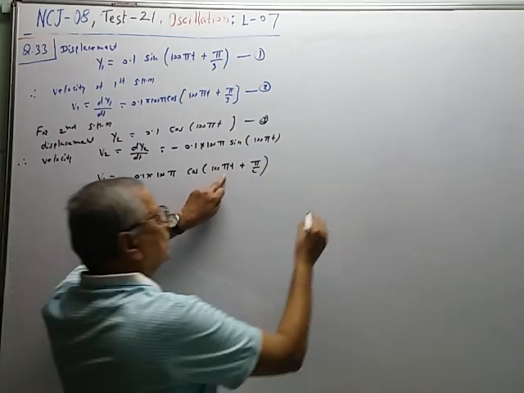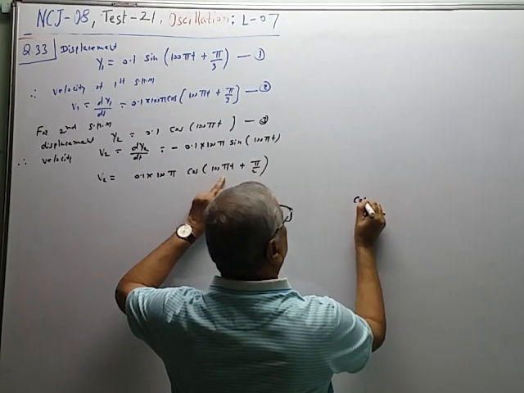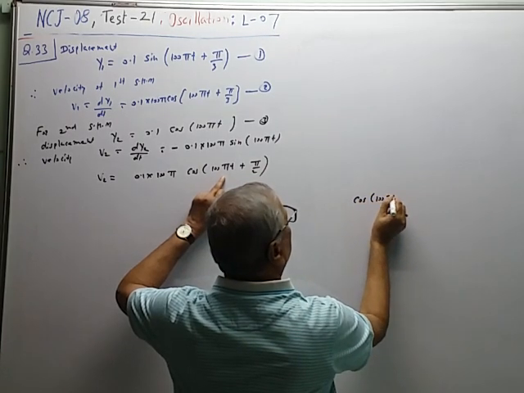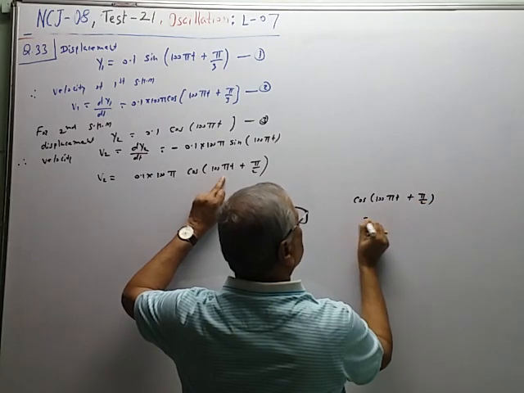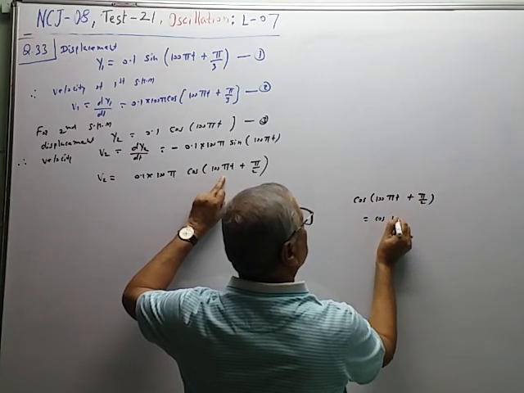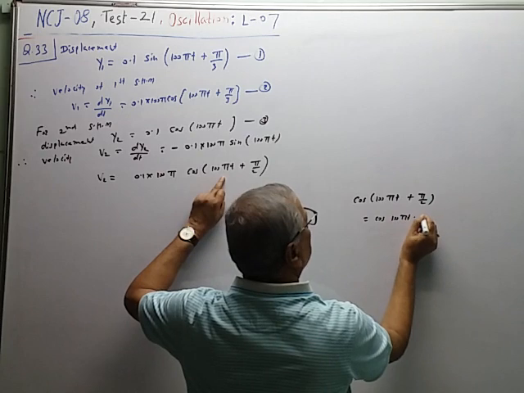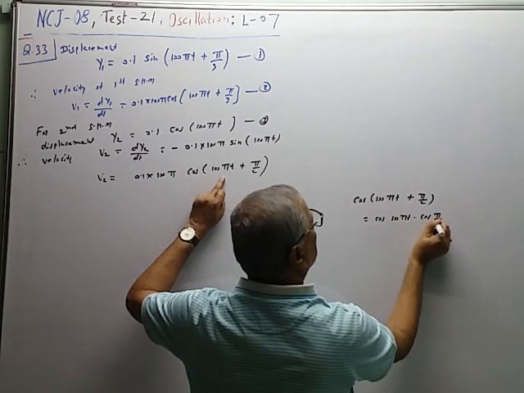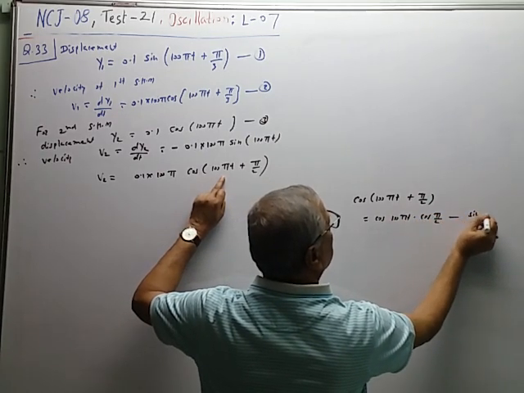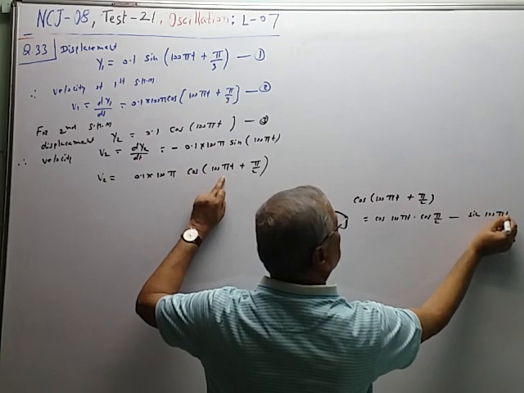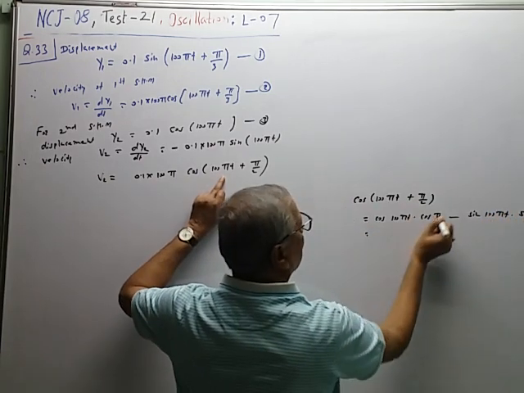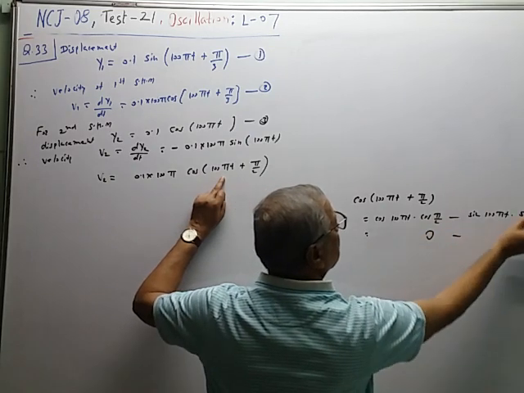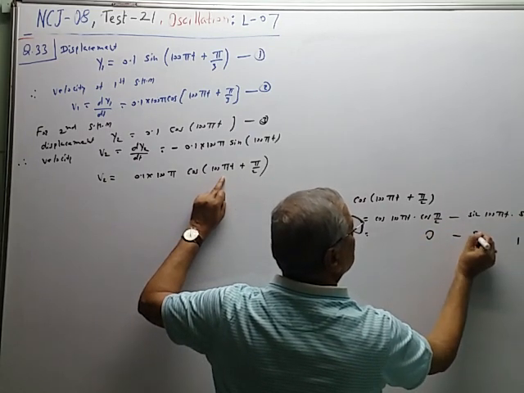So check this value. Cos of (100 pi t plus pi by 2) is equal to cos of 100 pi t into cos of pi by 2 minus sin of 100 pi t into sin of pi by 2. So cos of pi by 2 is 0, and sin of pi by 2 is equal to 1.